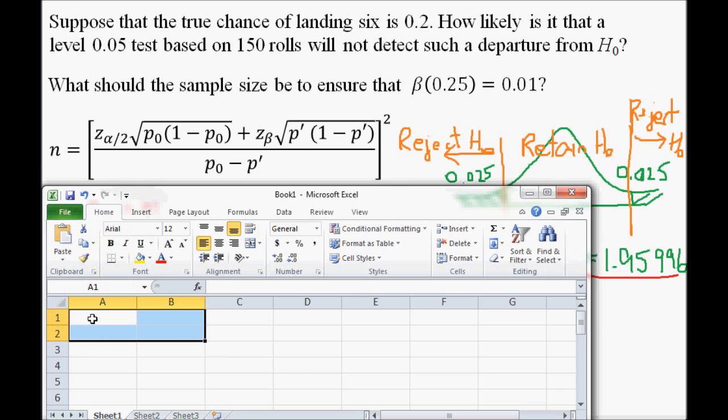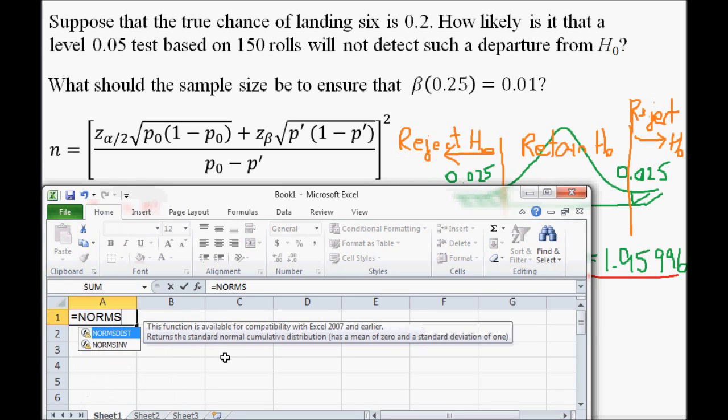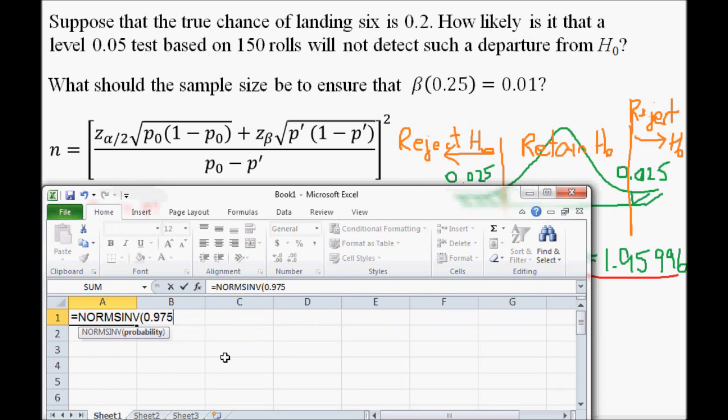Okay, so I'll use Excel to do this. To get started, NORM.S.INV of 0.975, that is our z alpha, and our z beta is going to be NORM.S.INV of 0.99, so that 1% of the area lies to the right.